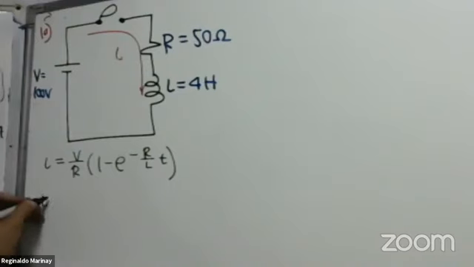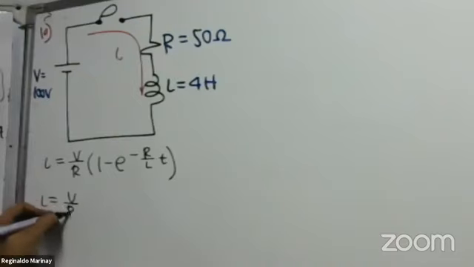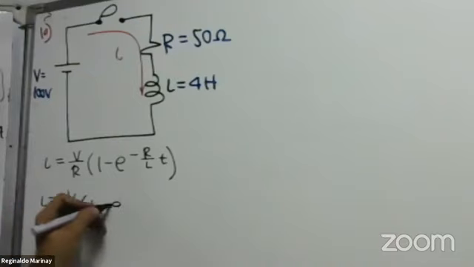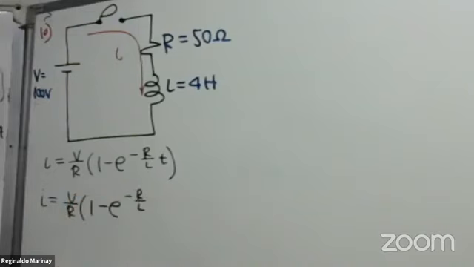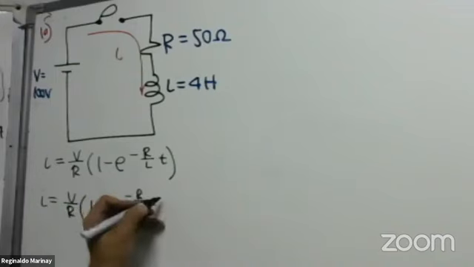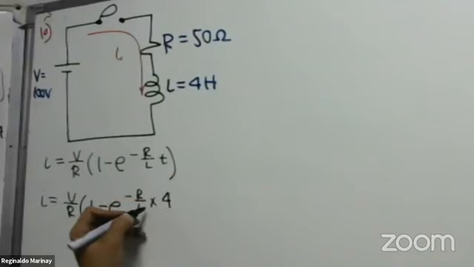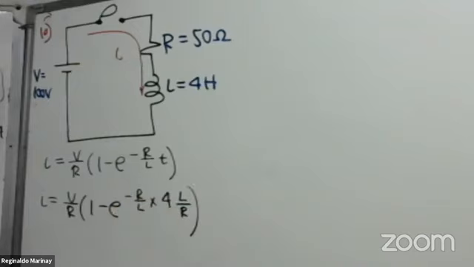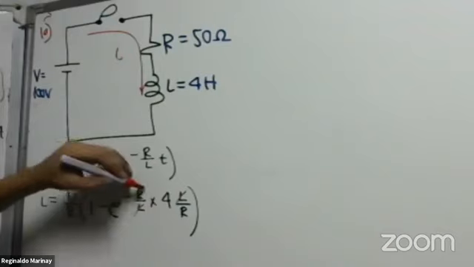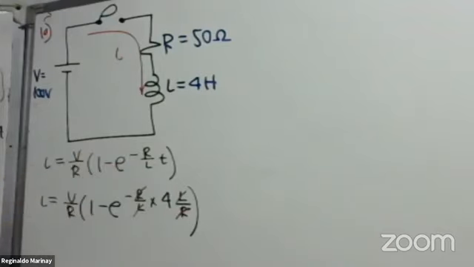So we have I equals V over R times 1 minus e raised to negative R over L times t. What is our time? After 4 time constants, so t is 4 times L over R. The L over R cancels, so this becomes 1 minus e raised to negative 4.